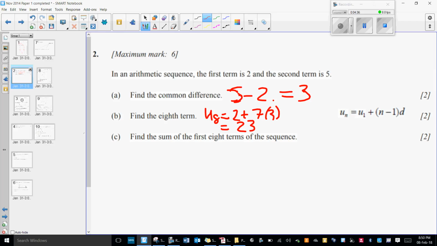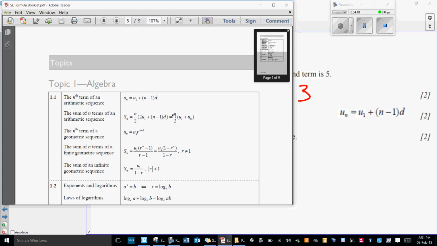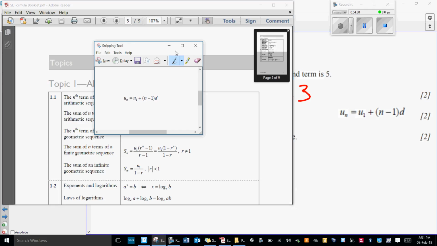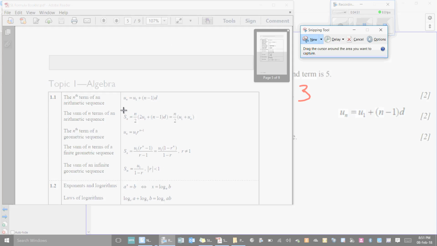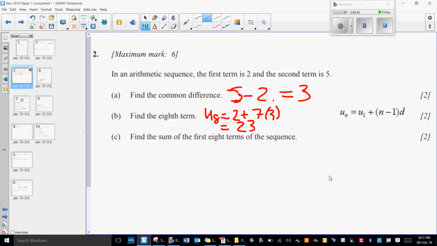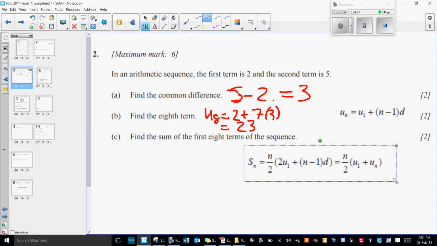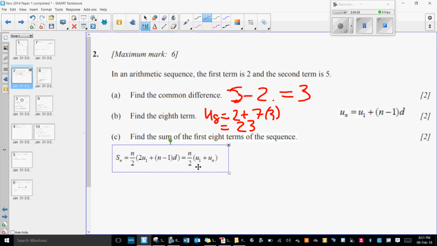Okay, find the sum of the first 8 terms of the sequence. So we're going to use now the sum formula. We've got 2 different versions. Now, actually in this case, because they've asked us to find the sum of the first 8 terms and they've just told us what the 8th term was, we can actually use this version, which we don't often use.